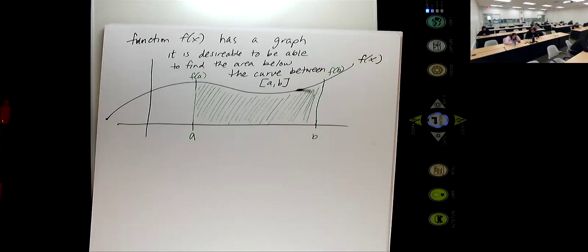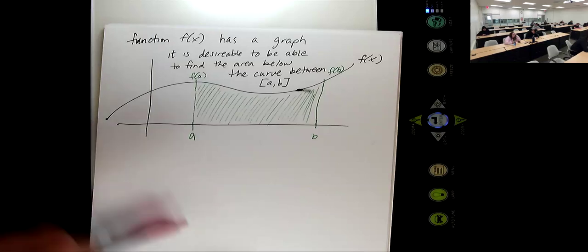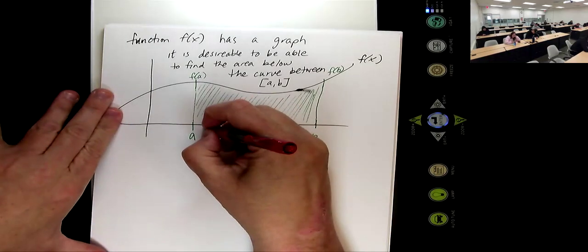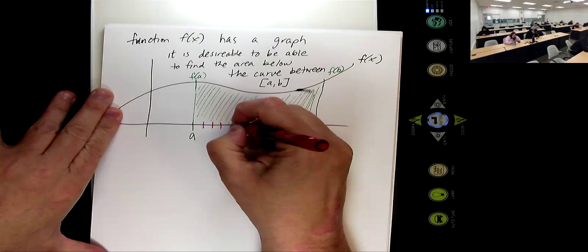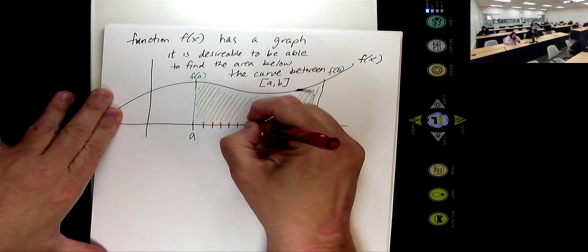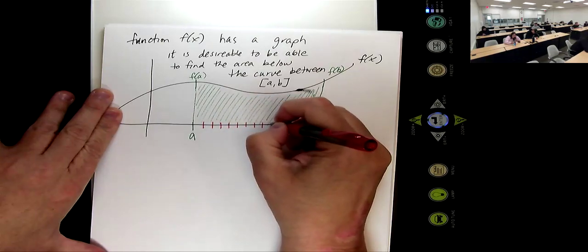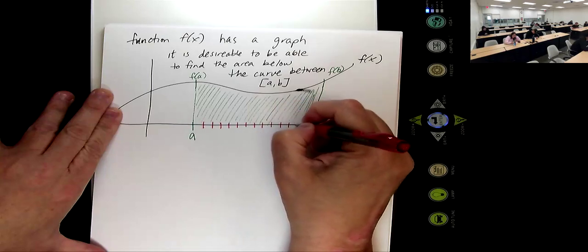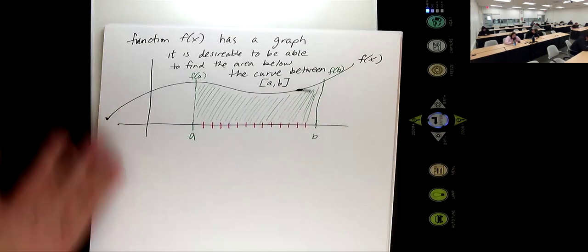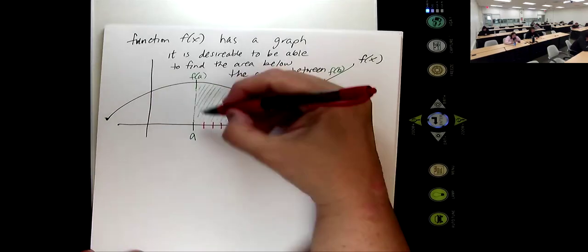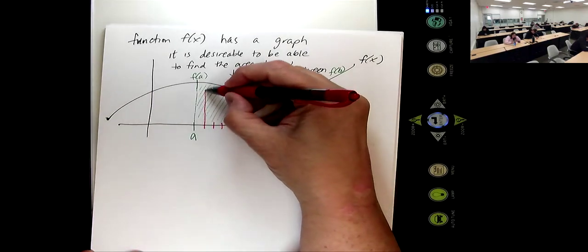We can break it up into a bunch of tiny pieces. And we try to keep the pieces the same width. And each of these we make smaller regions.